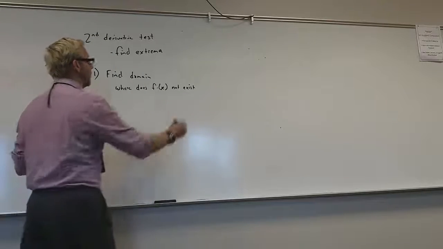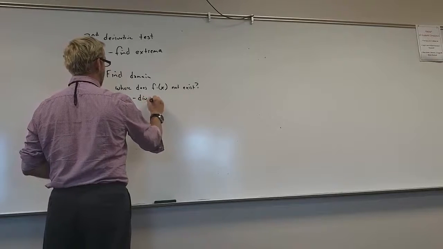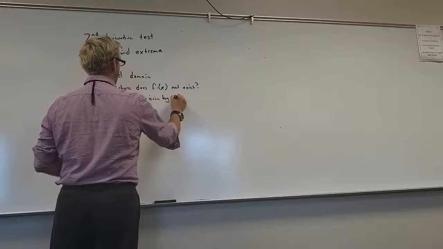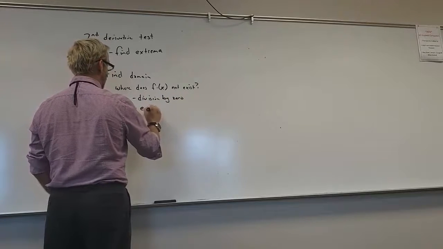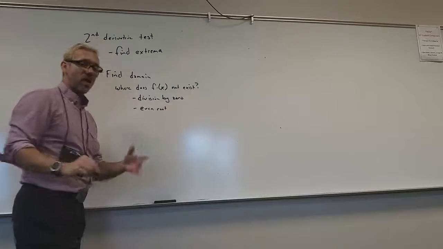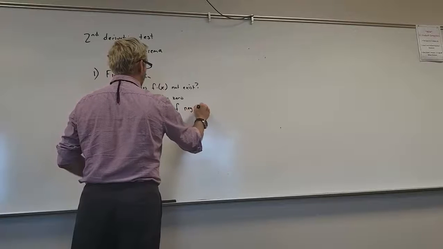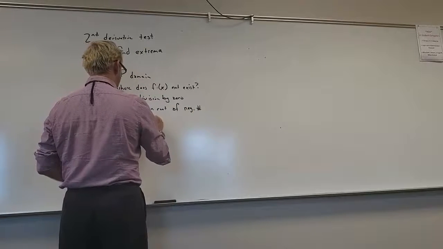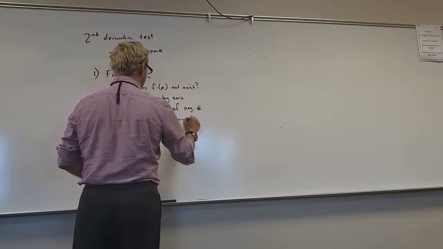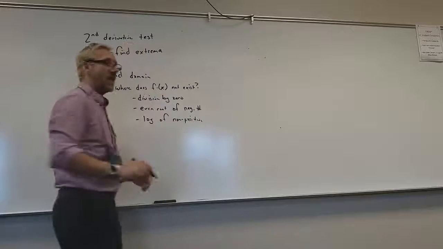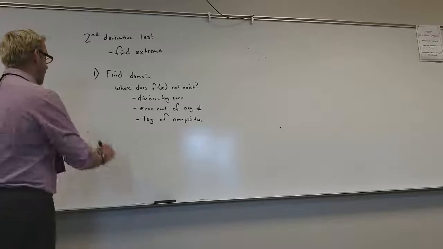And we're going to have three places: anything that causes division by 0, anything that causes the even root, so like a square root or a fourth root of a negative number, and anywhere that causes you to take the logarithm of a non-positive number, so a negative number or 0. So our step one is find our domain.